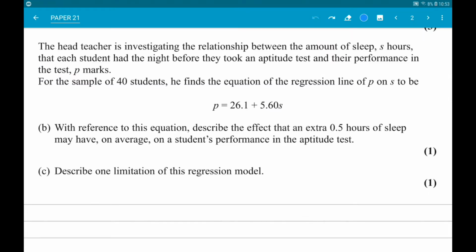Final part, describe a limitation of the model. So the most obvious one is that there is no cap on the amount of sleep a student can have. So technically P has no limit, which is rubbish because there's only going to be a set amount of marks on the paper.